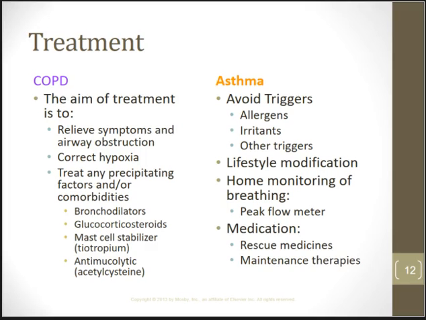So in treatment, because we do have some similarities in the symptoms and what's going on with these different disorders, we often will have similarities in the treatment. So with COPD, the aim is to relieve the symptoms and relieve the airway obstruction, also to correct hypoxia.